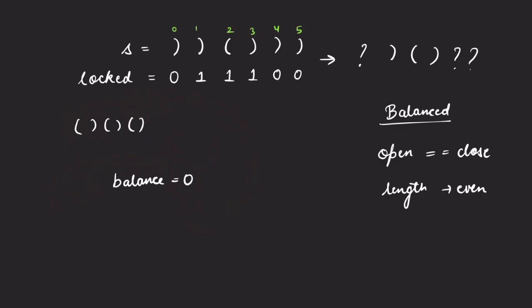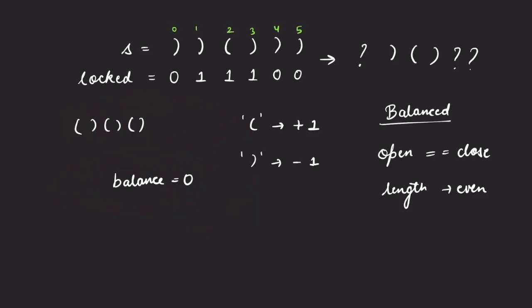Basically we were increasing our size by 1, and whenever we had a closing bracket, we were taking it out from our stack. So basically we were decreasing the size of our stack by 1, right? So same thing we will do with this balance variable, that whenever we have an opening bracket, we will add a +1 to our balance variable, and whenever we have a closing bracket, we will add a -1 in our balance variable, right?